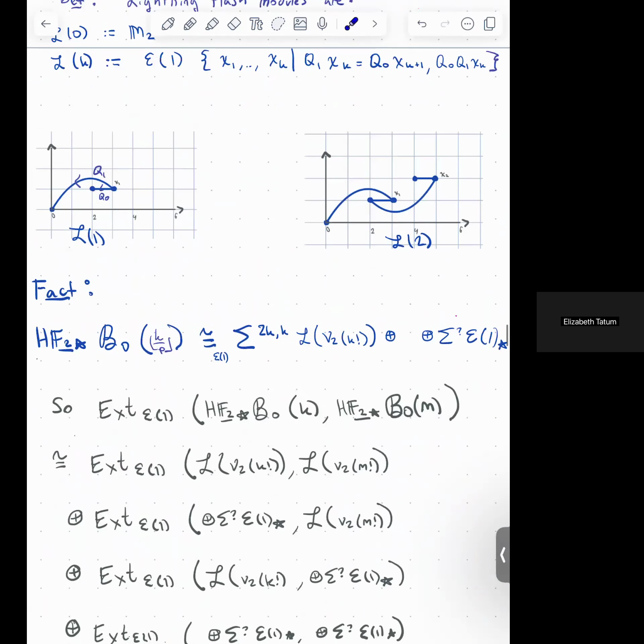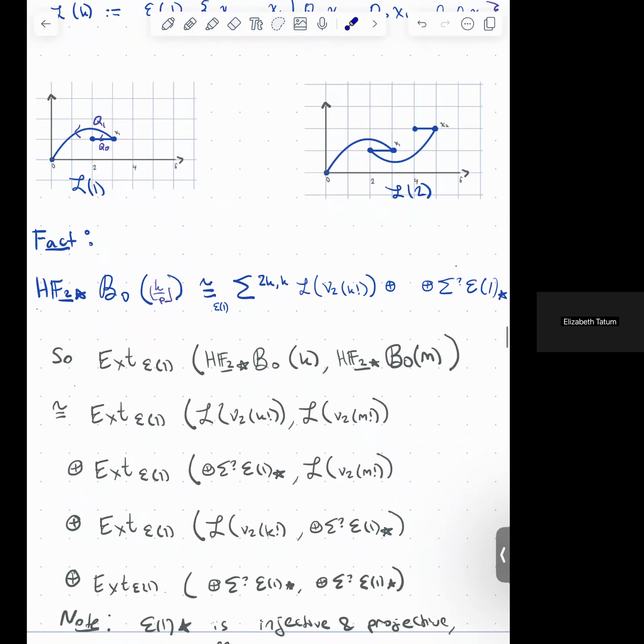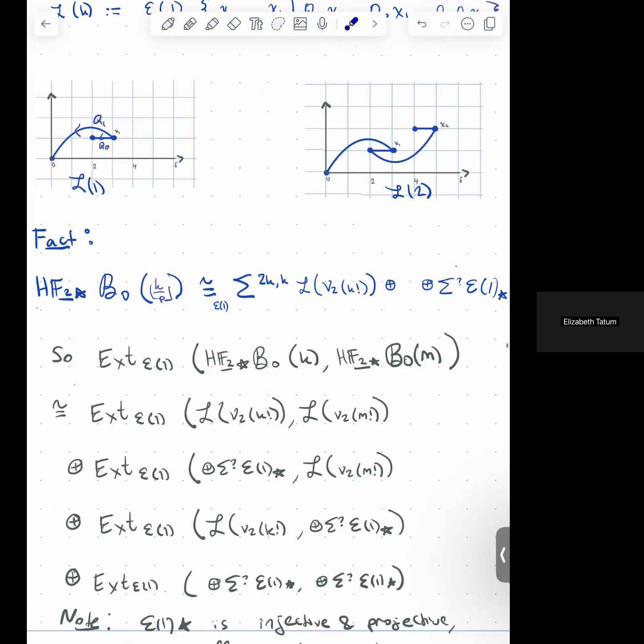So we were saying that we were interested in computing Ext over E(1) of the homology of B0k and the homology of B0m. Using this fact, we can break this up. Sorry, I think I got my indices slightly off here. But the point is that we can break this up into four summands, where one only has lightning flashes, and everything else has an E(1) term.